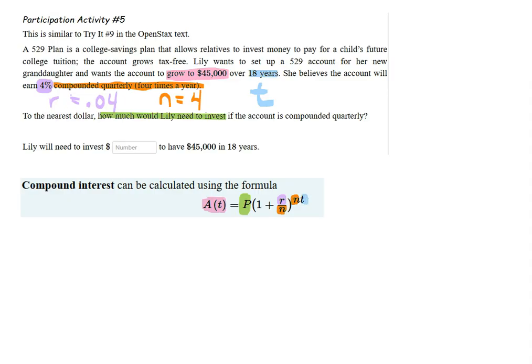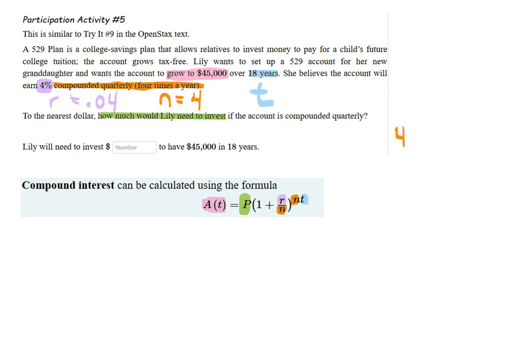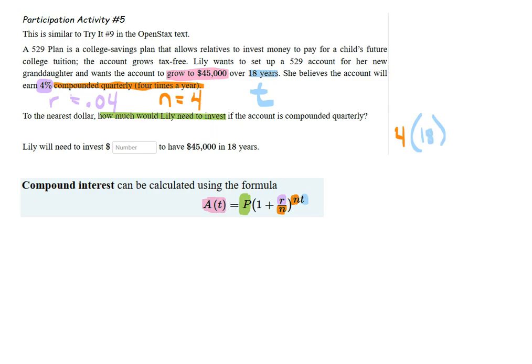The exponent is actually, they're going to compound it 4 times a year for the next 18 years. So your exponent is going to be 4 times 18, and 4 times 18 is 72.